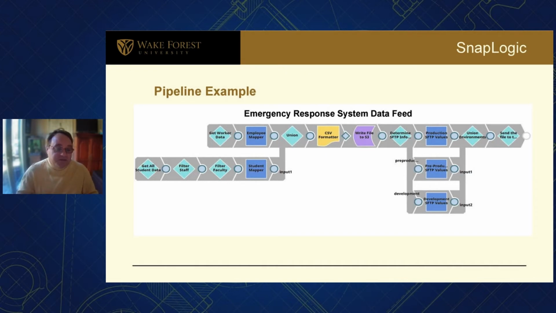In this case, it's pretty much everybody, since everybody needs to be in the emergency response system. But I have different ones behind the scenes that would allow me to get just my full-time faculty, or just my adjunct faculty, or a combination of both, or a combination of different ones. And it's reusable. That was really important in terms of being able to put together all of these different integrations in a timely fashion.